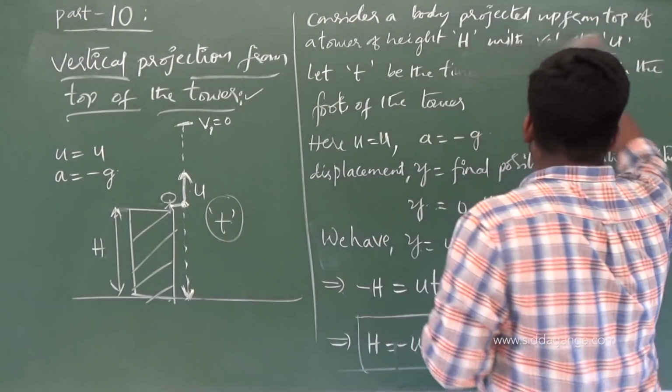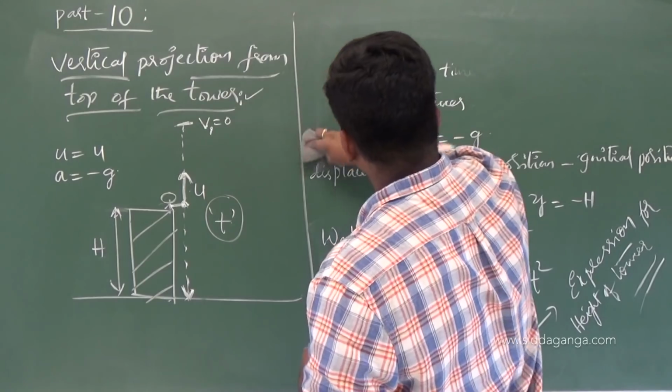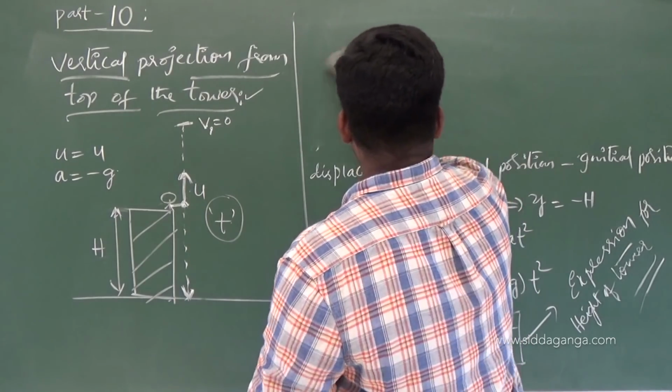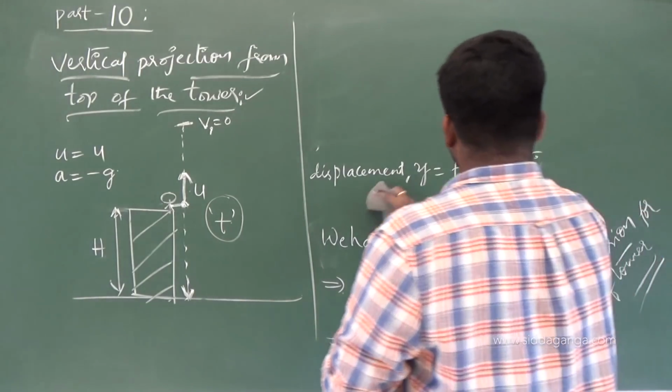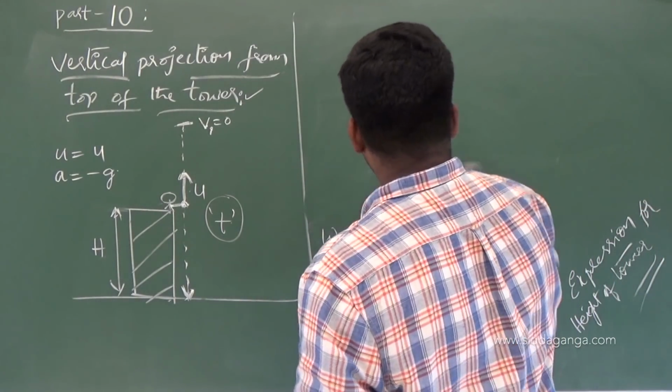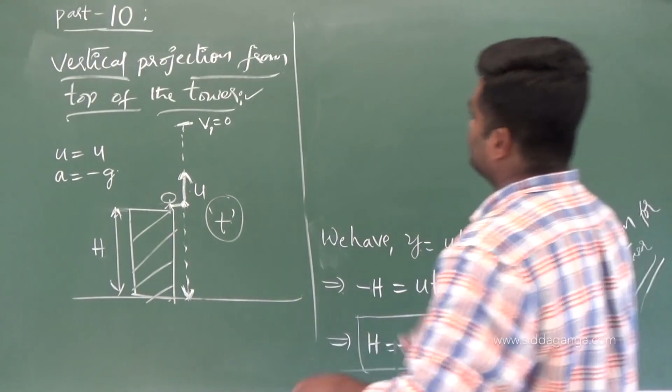Here, expression for time taken to reach the bottom of the tower is, therefore, time taken to reach the bottom of the tower. How to write the expression? Tell me now. Small correction. This is a very important relation which we are going to write.